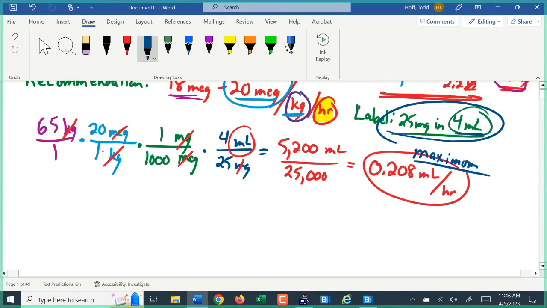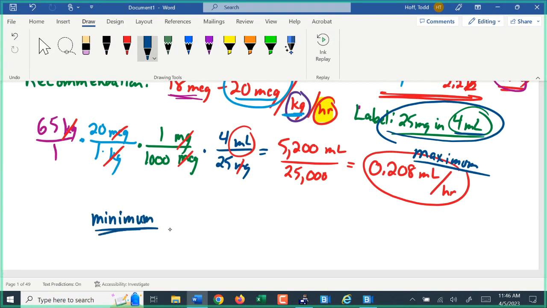We want to create a range here, so we also want to find the minimum. To find the minimum dose, we're going to use that process that we briefly looked at on Monday called the titration. And the titration is just a process that allows us to change one of the parameters of the calculation without having to redo the whole calculation.